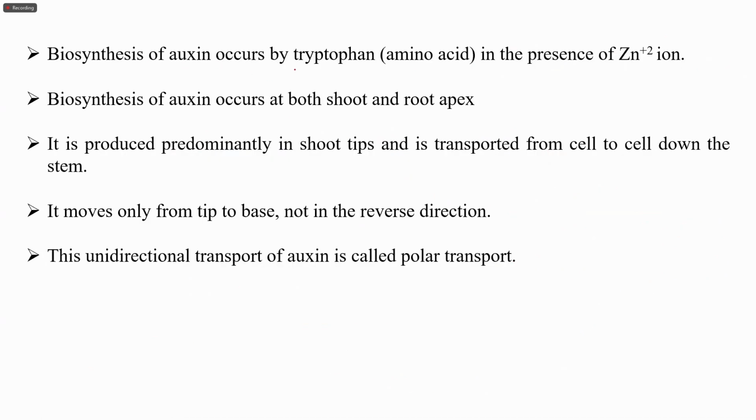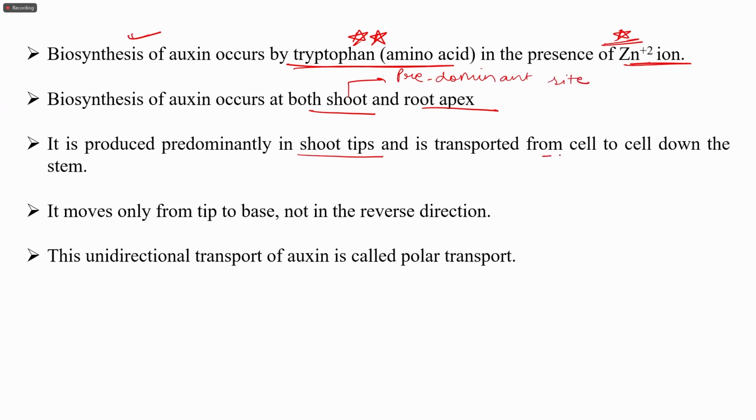Biosynthesis of auxin occurs from the amino acid tryptophan in the presence of zinc ion. Therefore, the presence of tryptophan is important. In the presence of zinc ion, the biosynthesis of auxin takes place, and it occurs at both shoot and root tips, although shoot is the predominant site. So it is produced predominantly in shoot tips and is transported from cell to cell down the stem.